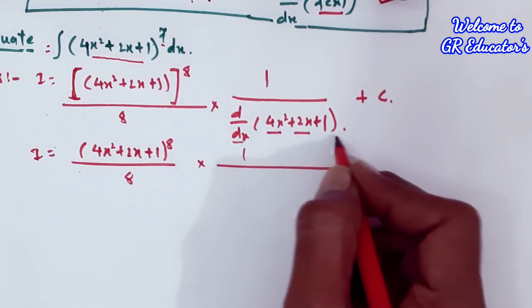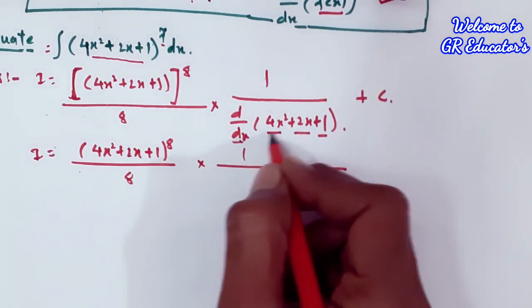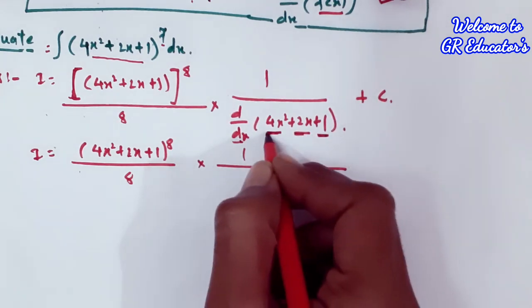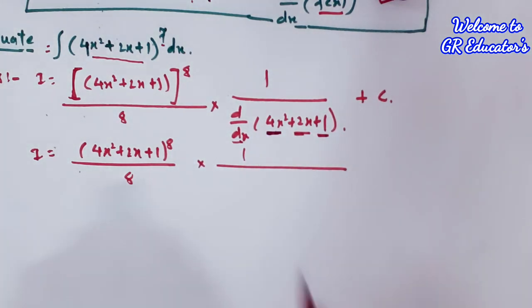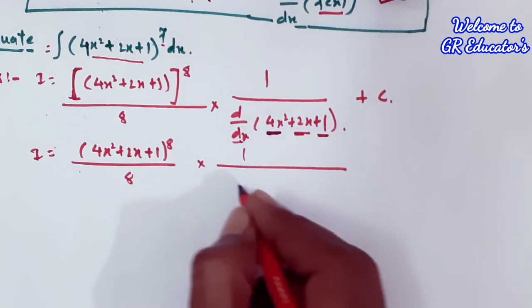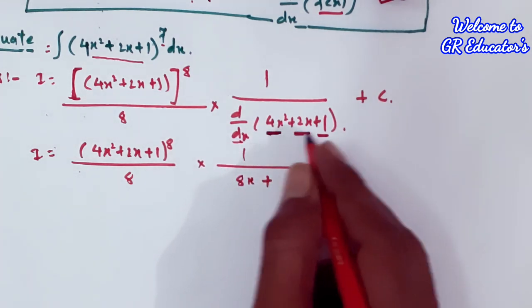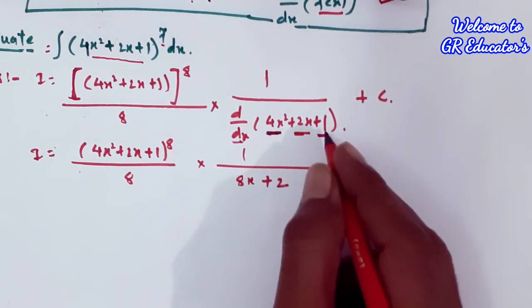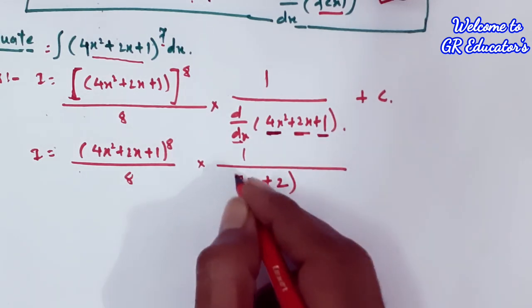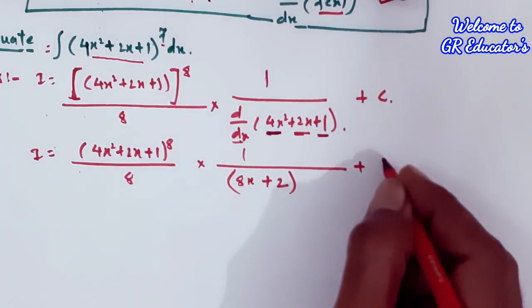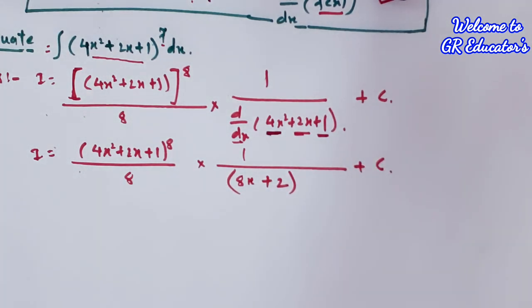This is an algebraic term, so we can apply the derivative separately. If you know the derivative, then it is easy. So it will be 2 into 4, 8x raised to power 1, plus the derivative of 2x, which is 2, and the derivative of 1 is 0. So finally this will be the derivative.